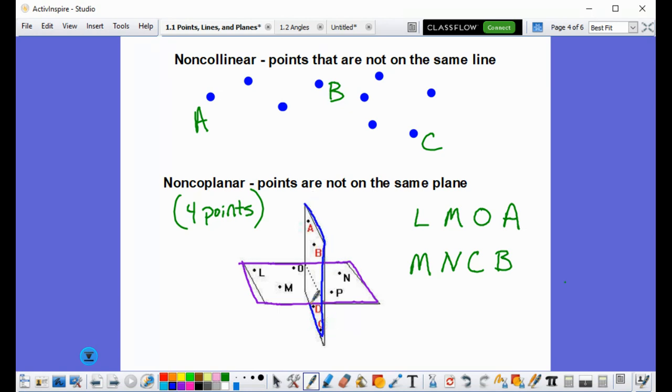So I've got a purple plane and a blue plane. So if I pick 2 points from the purple and 2 from the blue, I'm definitely non-coplanar. But be careful, because if you pick 3 points, you will have to be coplanar even though you don't see the plane. It's really just asking, could you make a plane if you have 3 points? The answer is we can always do that.